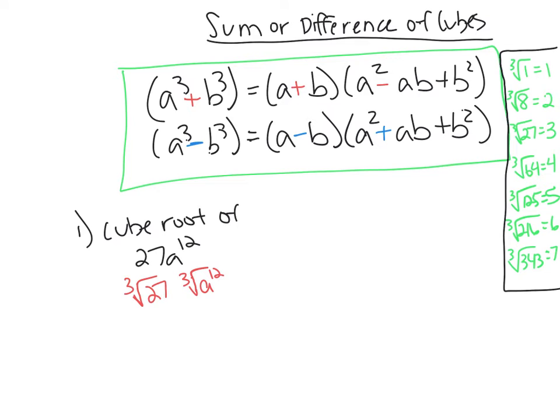So the cube root of 27 is going to be 3. And again, to take the cube root of an exponent, all you have to do is make it a fraction. The root is the denominator. So you can take the exponent and divide by the root. 12 divided by 3 is 4. So we have 3a to the 4th. So the cube root of 27a to the 12th is 3a to the 4th.